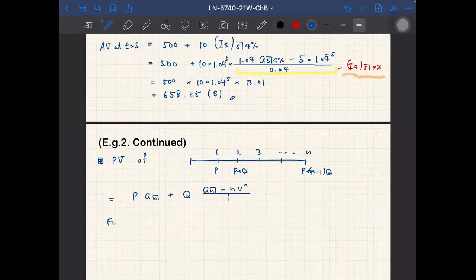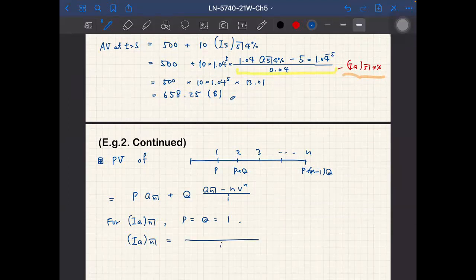So for (IA) right angle n, P equals Q equals 1. So P and Q are equal to 1, and this becomes (a double-dot right angle n minus n v to the n) over i.